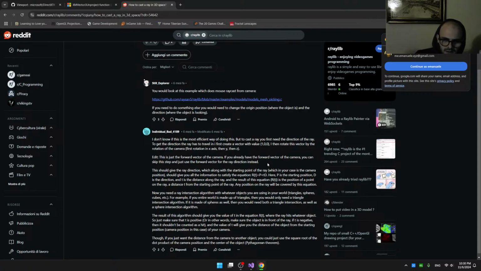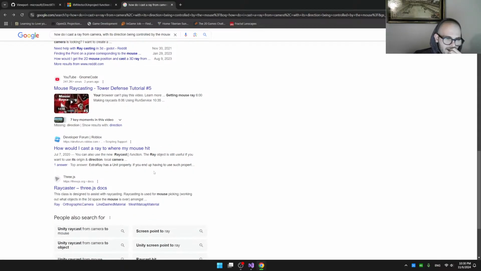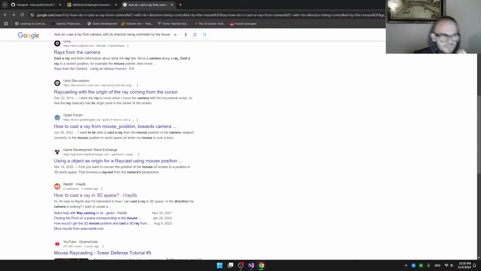If you already have the forward, this should give the ray direction. Yeah, but the problem is that I can take the forward and then rotate it.